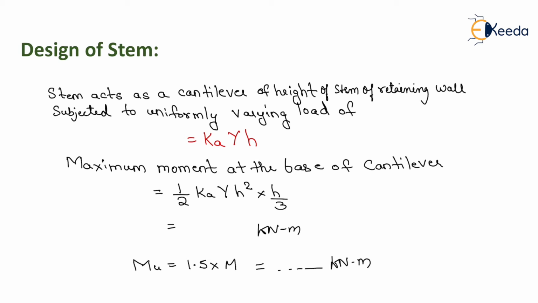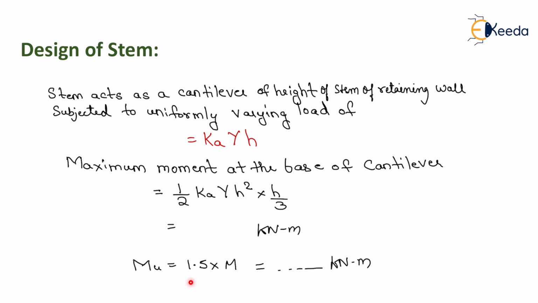Now design of stem. Stem acts as a cantilever of height of stem of retaining wall subjected to uniformly varying load of Ka gamma h. Now maximum moment at the base of cantilever equals to half Ka gamma h square into h by 3. We will get this value in kilonewton meter.